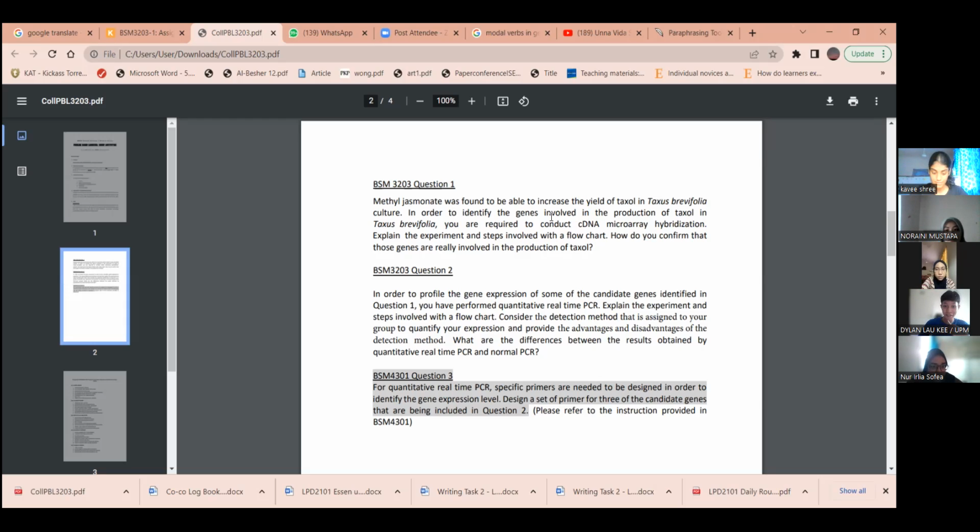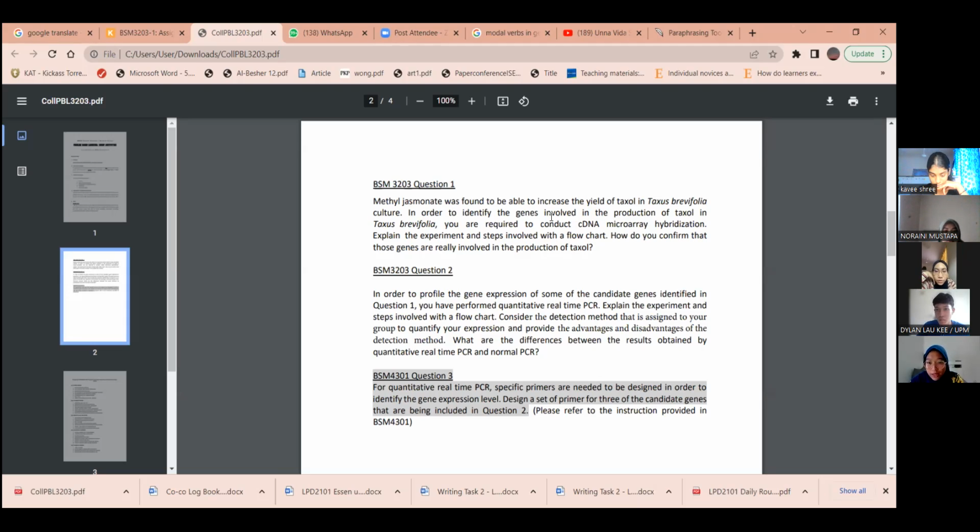Okay, let us move on to question number 2. Anyone would like to volunteer to read question number 2? Me. In order to profile the gene expression of some of the candidate genes identified in question 1, we have to perform quantitative real-time PCR, and we have to explain the experiment and steps involved with a flowchart.